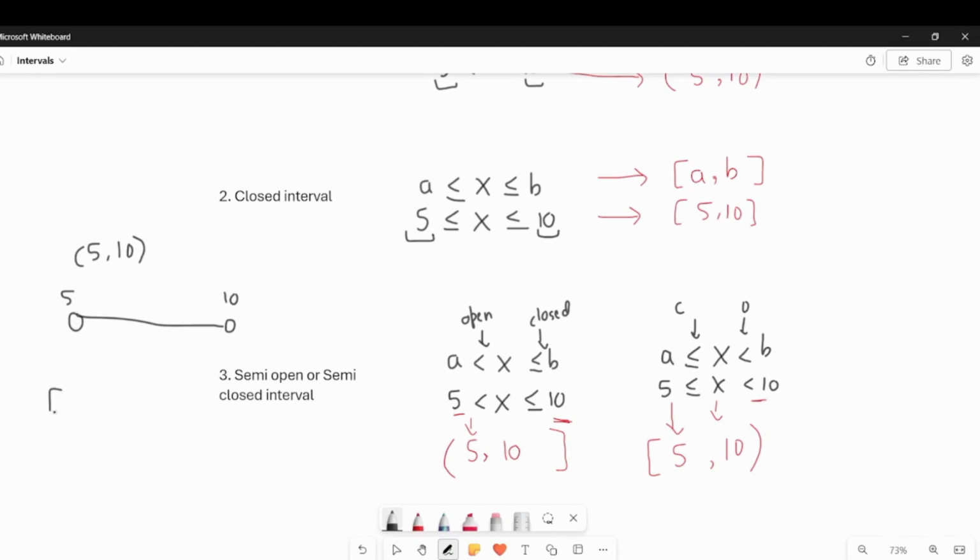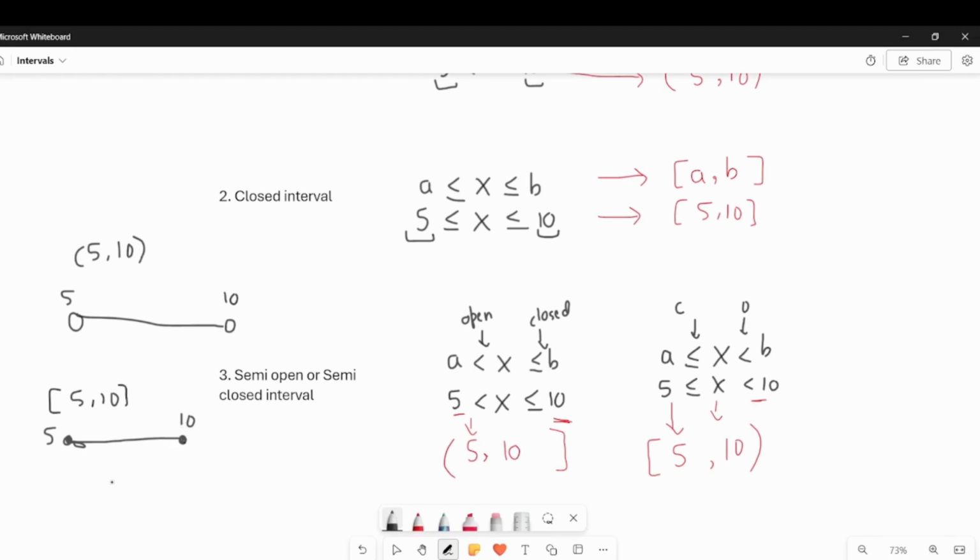Let's say it was closed interval 5, 10. To represent a closed interval, we always put completely filled circles. This would be the way we represent a closed interval, and it clearly shows that all the values in between and also 5 and 10 are included.